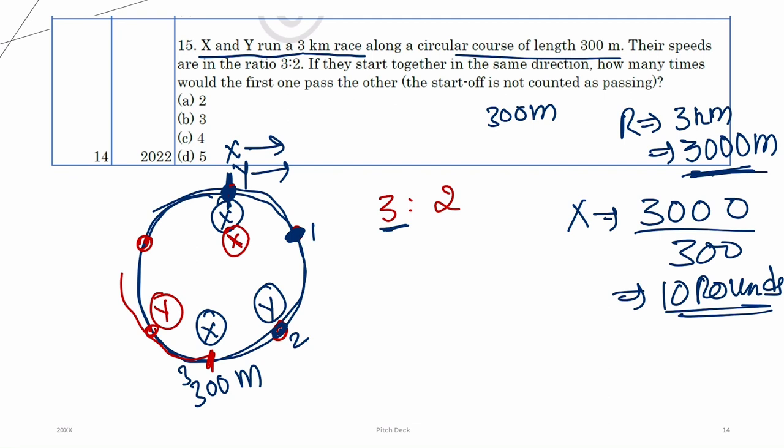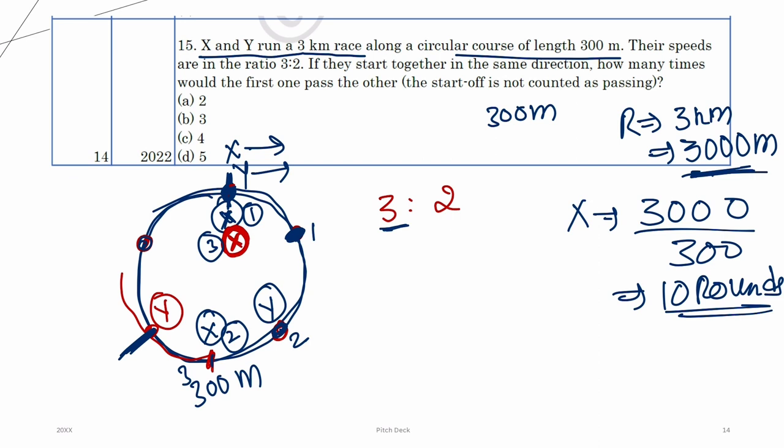This is position number 1 of x, this is position number 2, this is position number 3. So when x has covered the complete circle, y is 2 steps behind him. After 30 minutes, or after half the circle, he was 1 step behind him. Now he is 2 steps behind him.